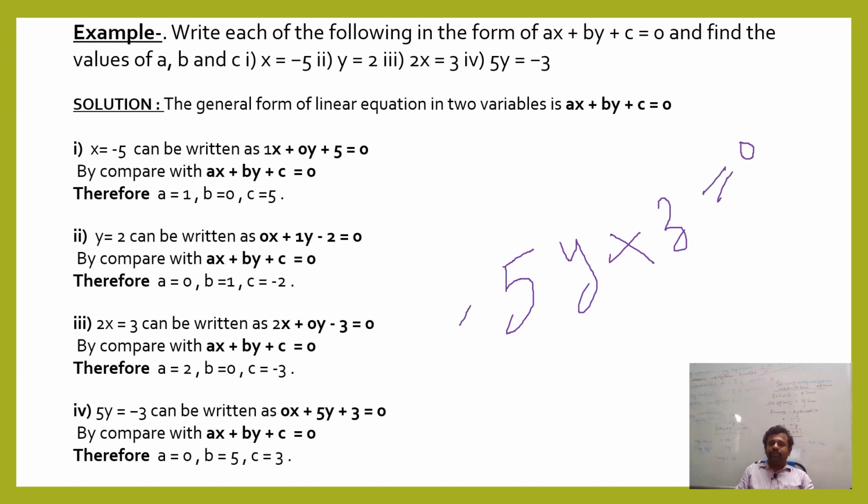There is no x term, so we can write this as 0x. By comparing with ax plus by plus c, a is equal to 0, b is equal to 5, c is equal to 3. I hope you are all able to do any problem like this.